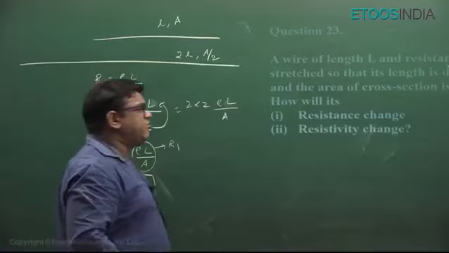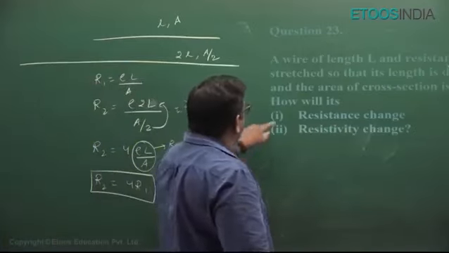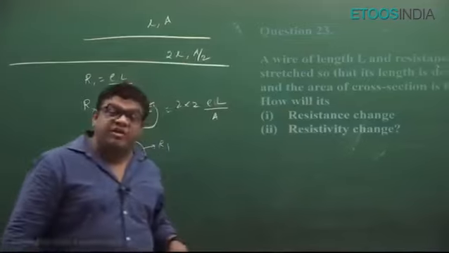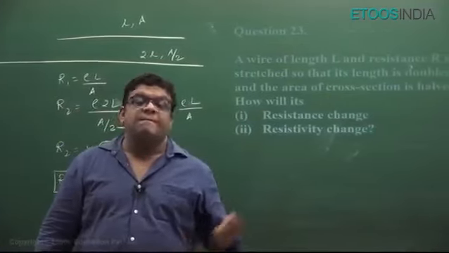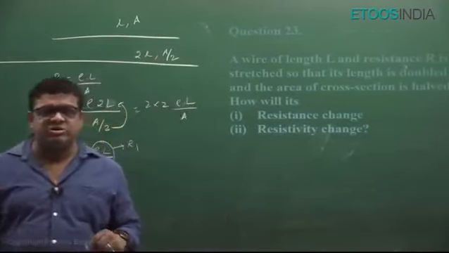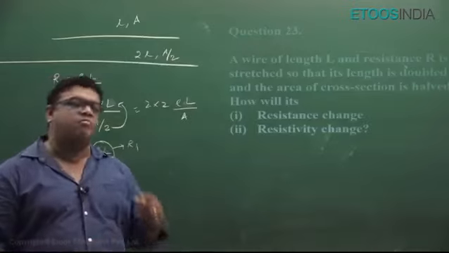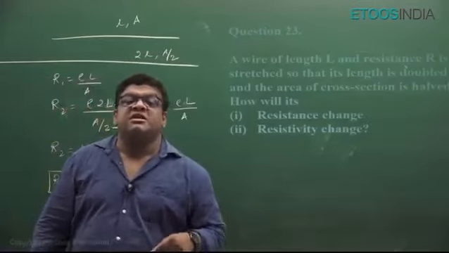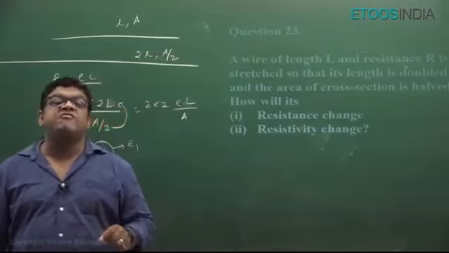The second question they have asked is resistivity or specific resistance. Now students, many a time students start doing these questions by equating the things here. But we must know one thing, that resistivity never ever changes. It remains the same because it is made up of the same wire.